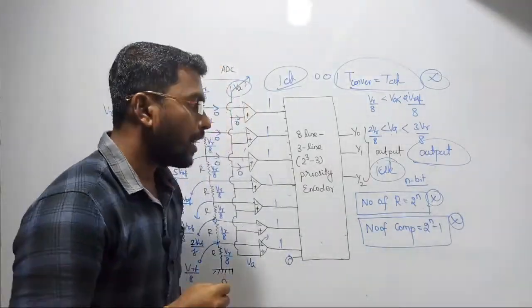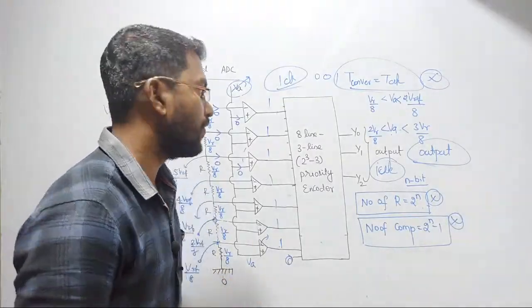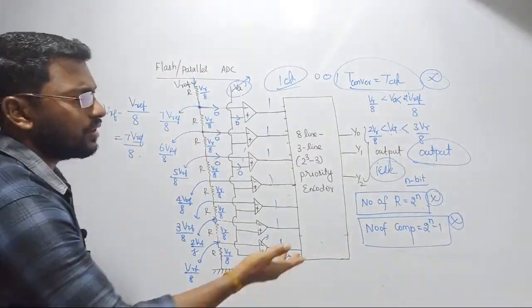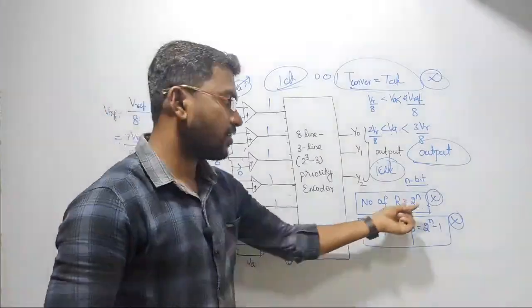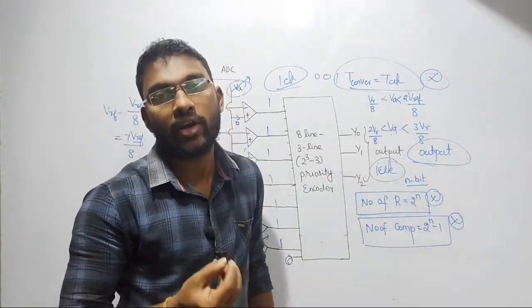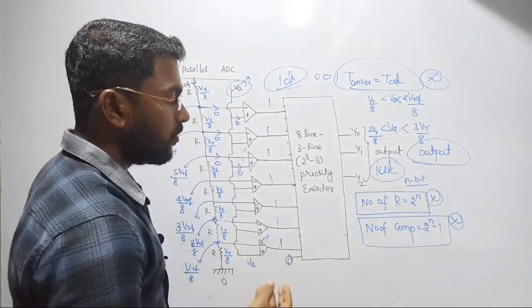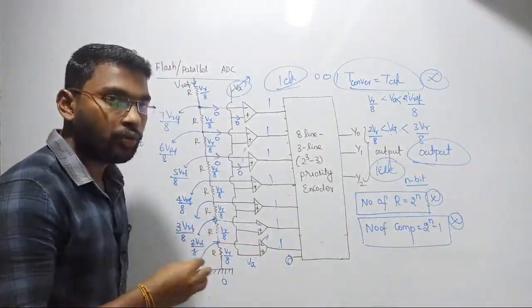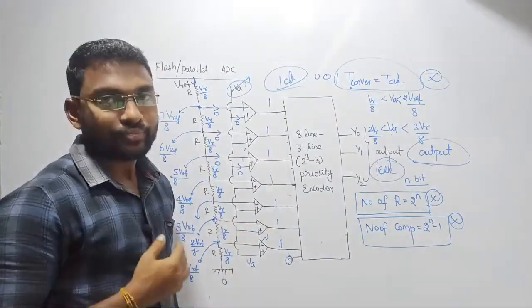Do remember. The second thing I told you: the number of resistances, the voltage or potential dividers we use on the input side, is calculated with 2 power n. If the number of bits is 2, the number of resistances required to design a parallel or flash type of ADC is 4.